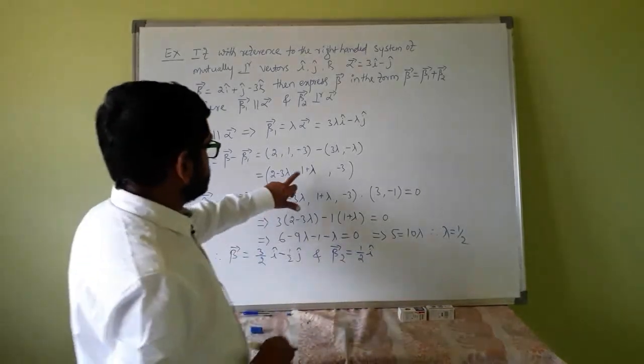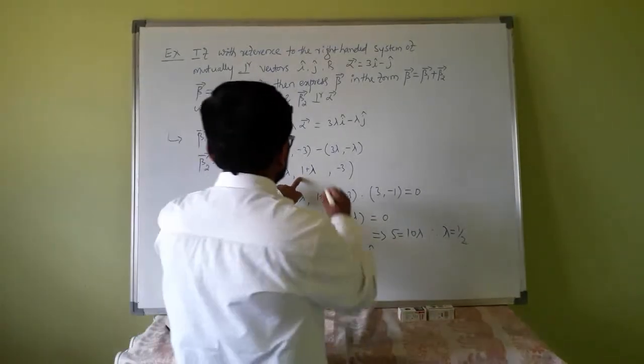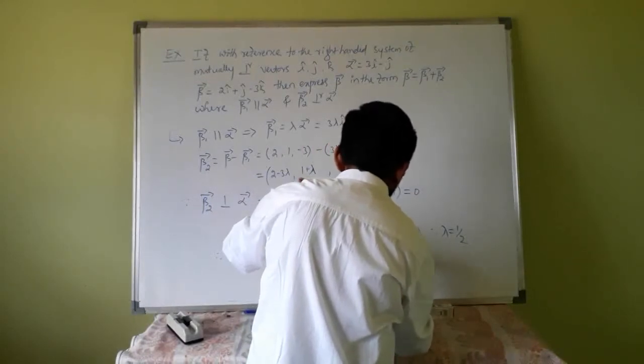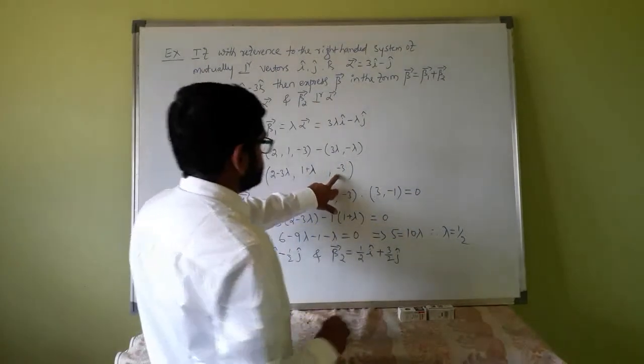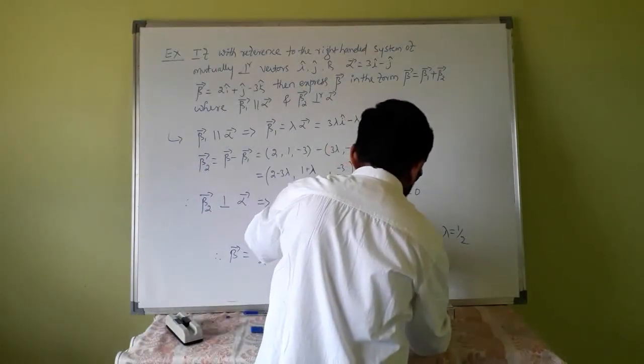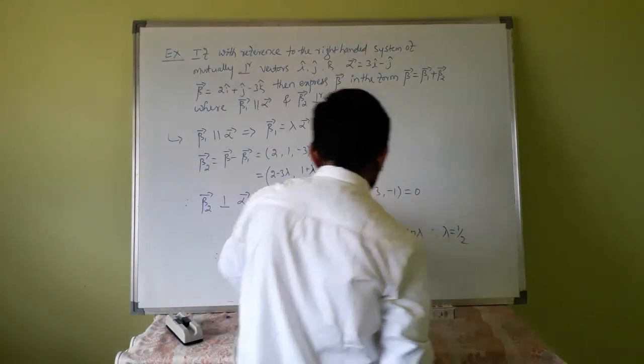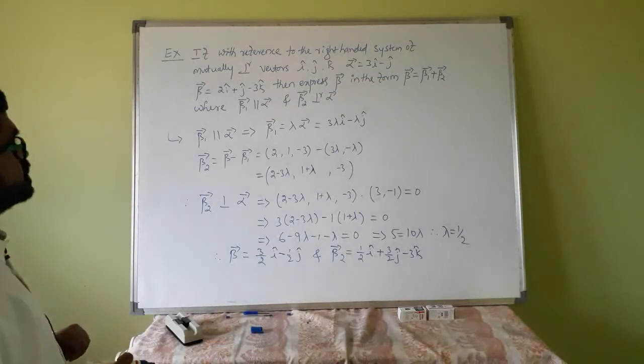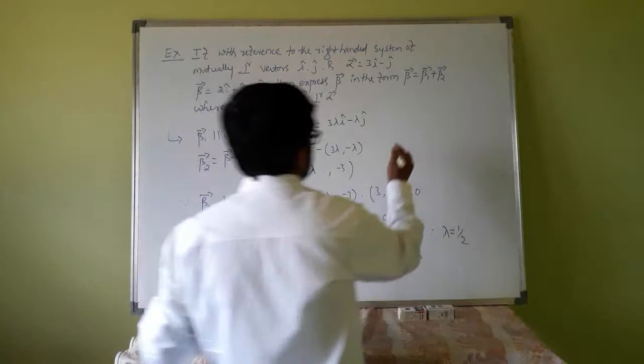Here it is 1 plus lambda, 3 by 2, plus 3 by 2 j cap. This is minus 3 k cap. That is beta 2. Express beta in terms of beta 1 and this.